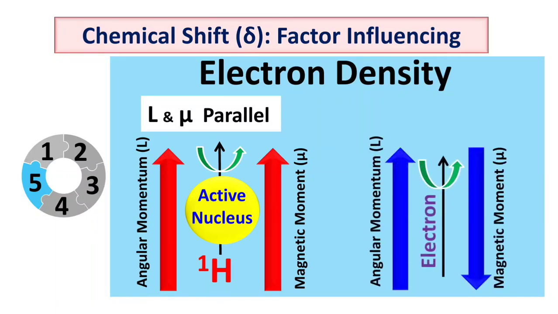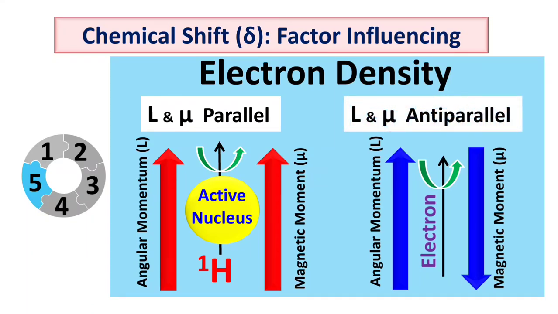Now in place of the active hydrogen nucleus, if you are discussing the case of an electron, in the application of an external magnetic field, it develops a secondary magnetic field. And here the point to be noted is that the angular momentum L and the magnetic moment mu are anti-parallel to each other.